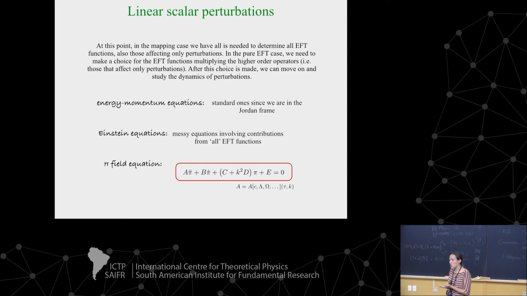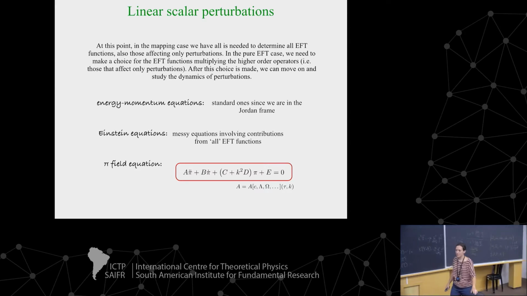So your code checks how close your EFT functions are to their GR value. And if they are close to, like, I don't know, within 10 to the minus 8, you say, OK, it's GR. And I won't wake up my extra degree of freedom until this function goes sufficiently away from GR. And that, for instance, protects you from those oscillations.